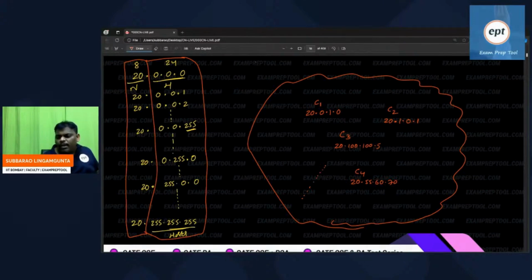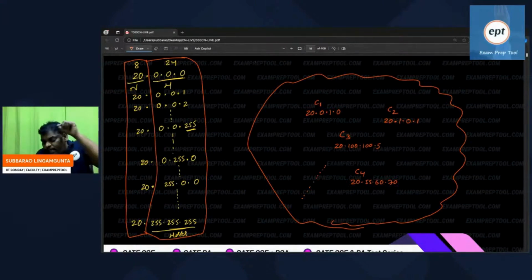Now some people are asking, sir, you connected this many computers, we are very happy. But listen everyone, this network contains 2 power 24 IPs or computers.